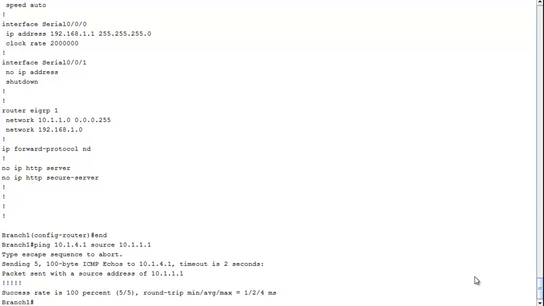perfectly fine here. If I have a version of the IOS prior to 15, auto summary is enabled, and you're going to have some issues because HQ will see branch 1 and, trying to get to branch 2, will see a 10 network. They'll see them both, and they'll both think that they can actually get there. That discontiguous summarized network issue.